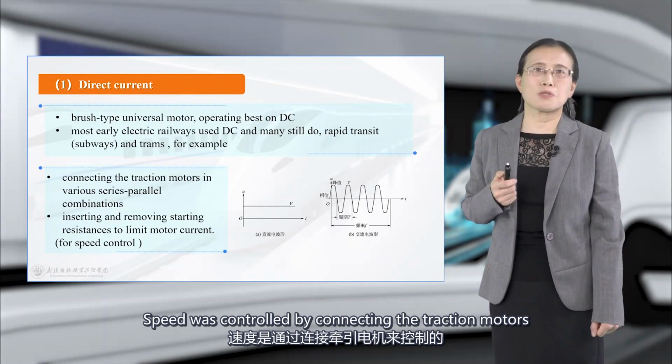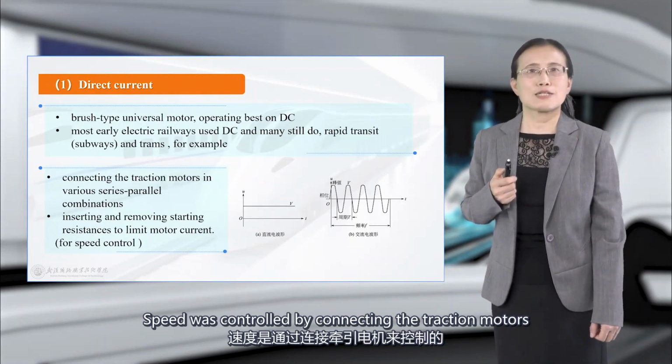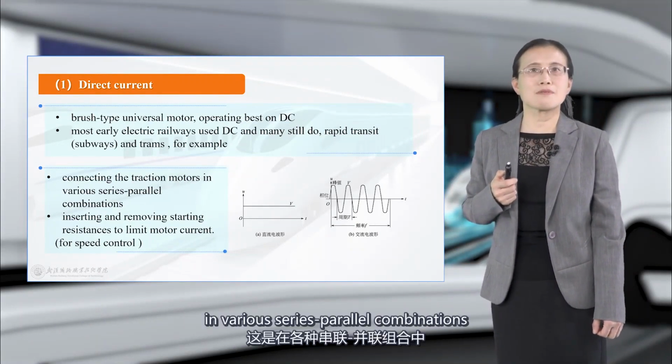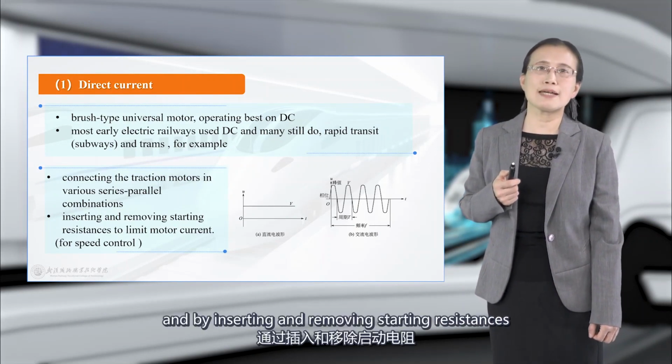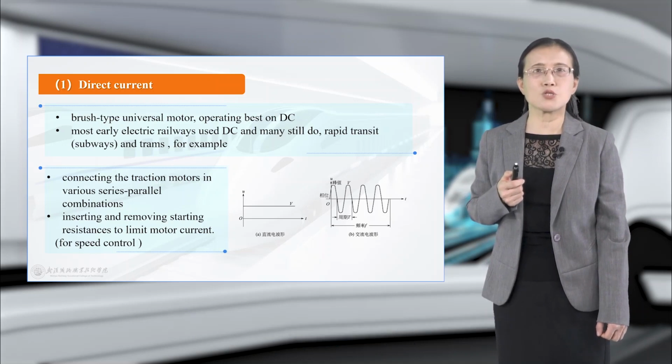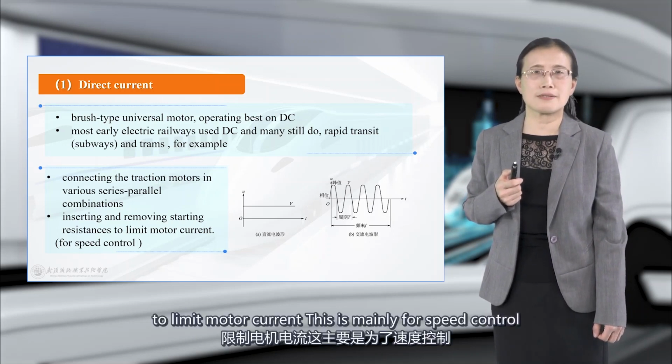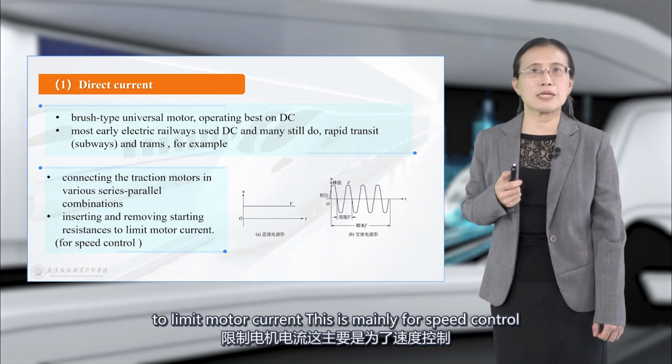Speed was controlled by connecting the traction motors in various series parallel combinations and by inserting and removing starting resistance to limit motor current. This is mainly for speed control.